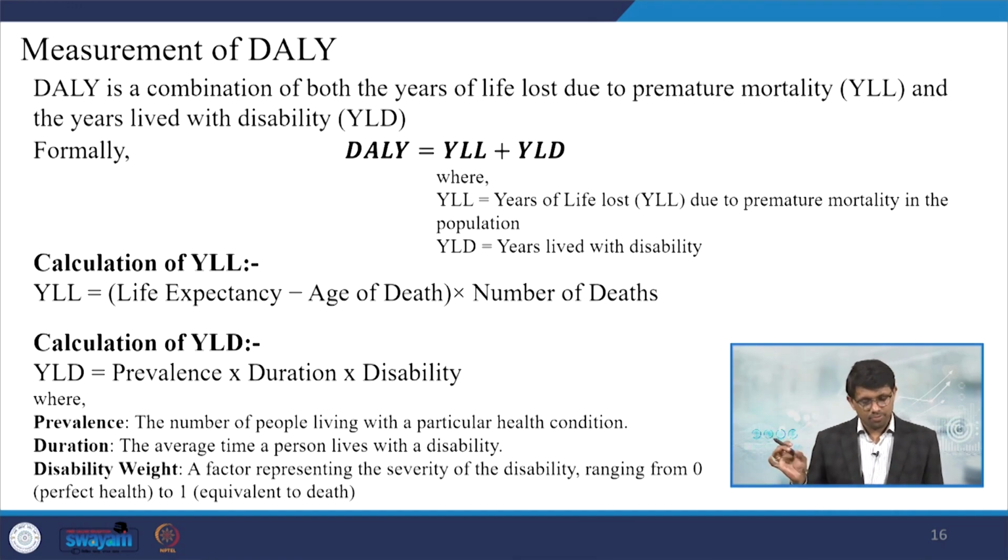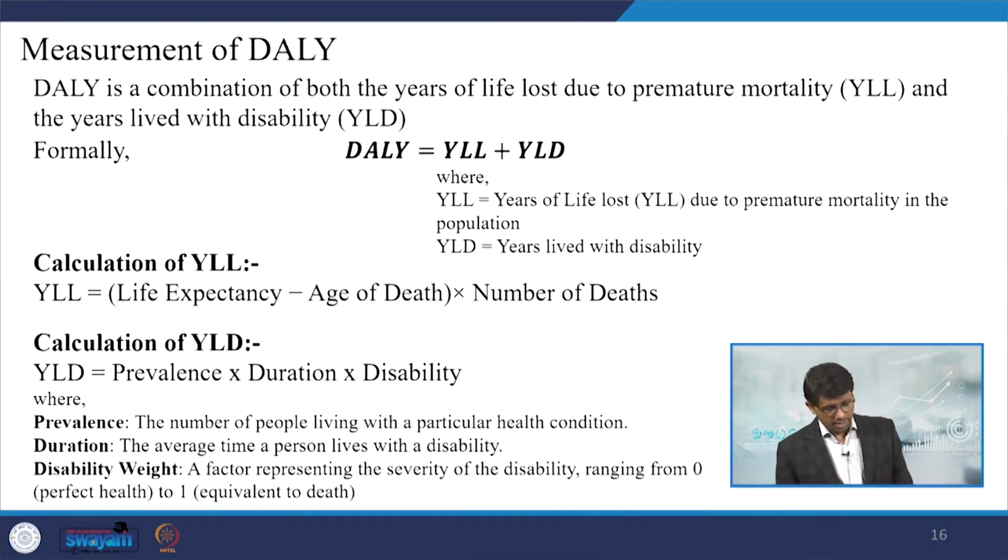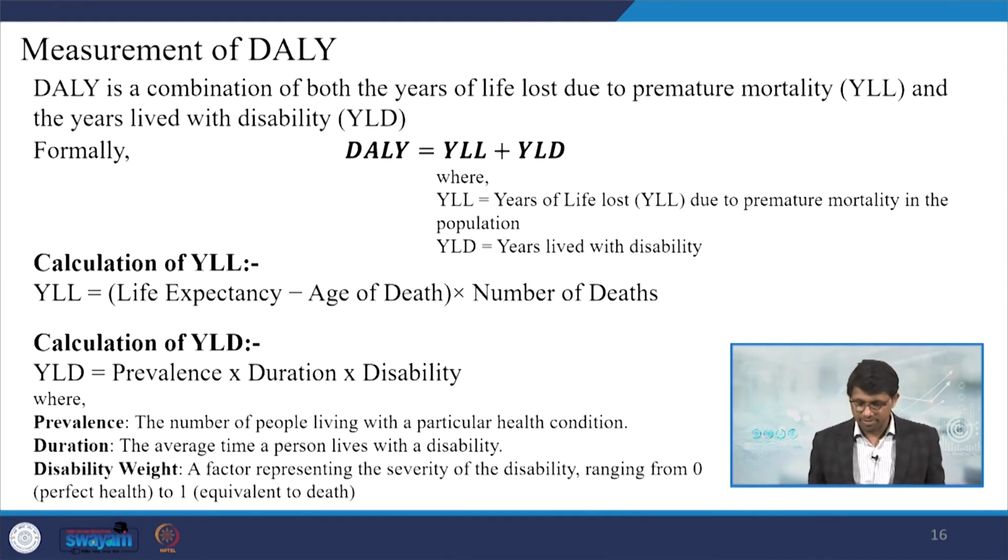The years lived means duration is there, and the extent of disability is also present. Prevalence is the number of people living with particular health conditions. Disability weight is also important, a factor representing the severity of the disability, ranging from 0, perfect health, to 1, equivalent to death.